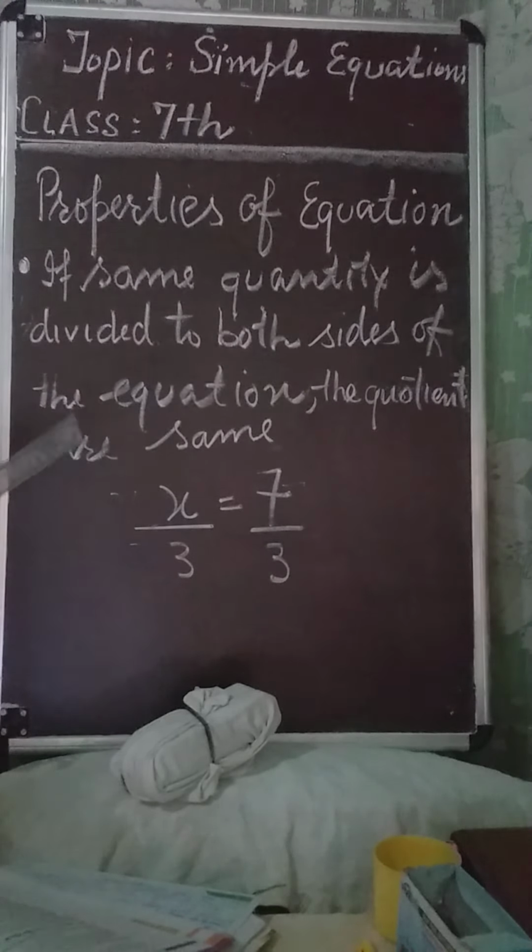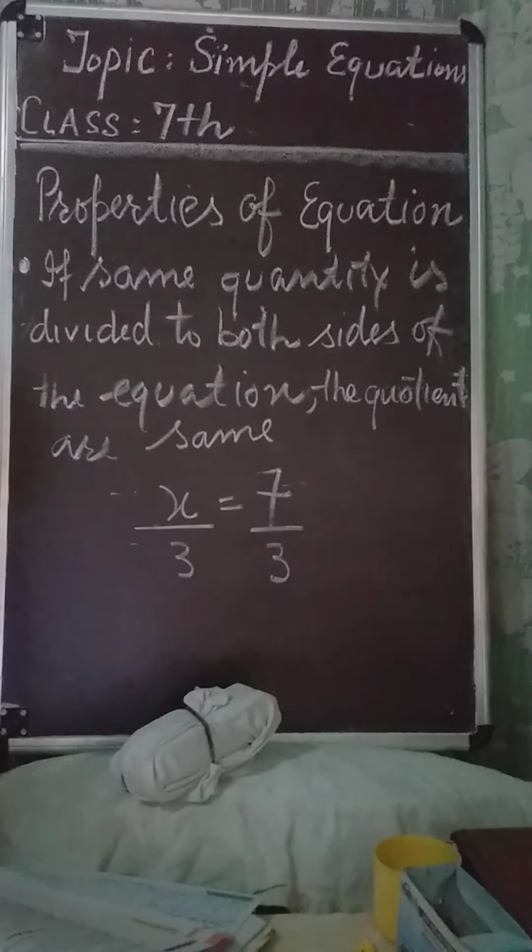The first property, I repeat, is that if we add same quantity on both the sides, the sum remains same. Second property is that if we subtract same quantity on both the sides, the difference remains same.